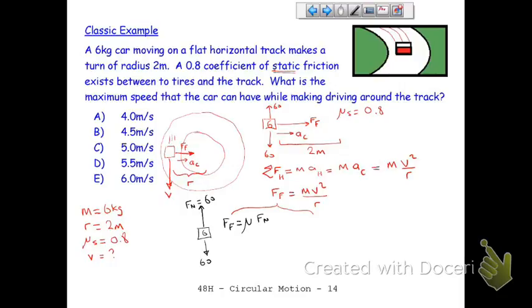Well, I'm cheating there a little bit. It's FF is less than or equal to mu S times Fn. Remember that from before? But in this case, I'm talking about the maximum speed. The maximum speed is when I'm on the point of slipping. So for the maximum speed, FF is equal to mu S times Fn, because I'm on the point of slipping. It's as big as the force can get.